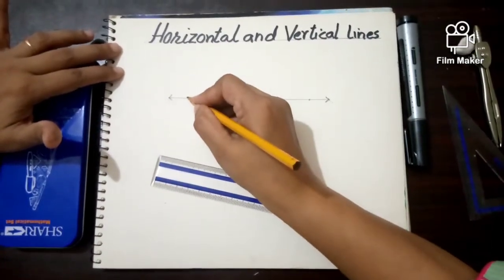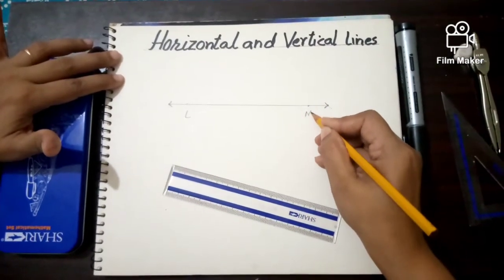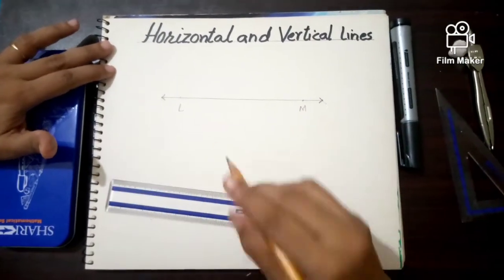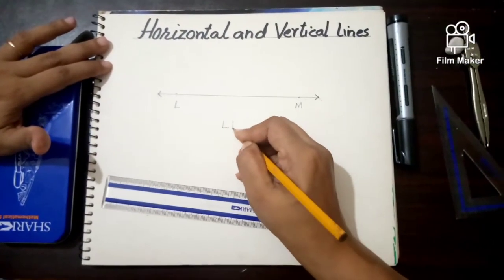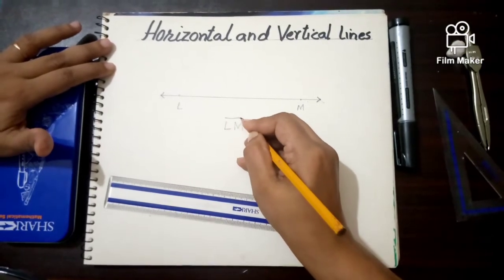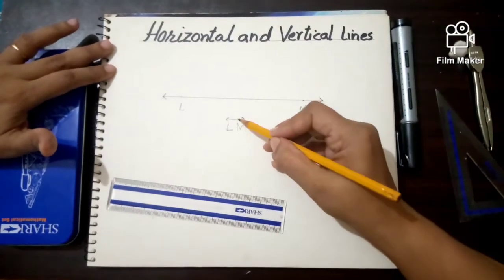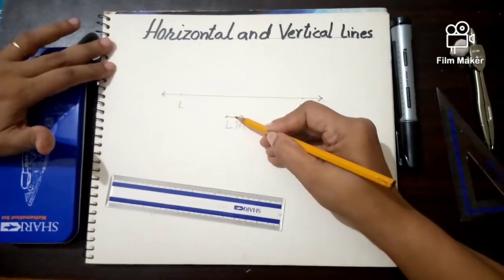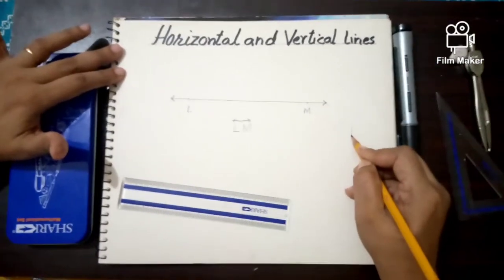Now we are going to draw a horizontal line which runs from left to right, and we will place arrowheads on both sides of the line and mark 2 points. LM is a horizontal line, and we will write LM and place a small line on LM which shows a straight line.